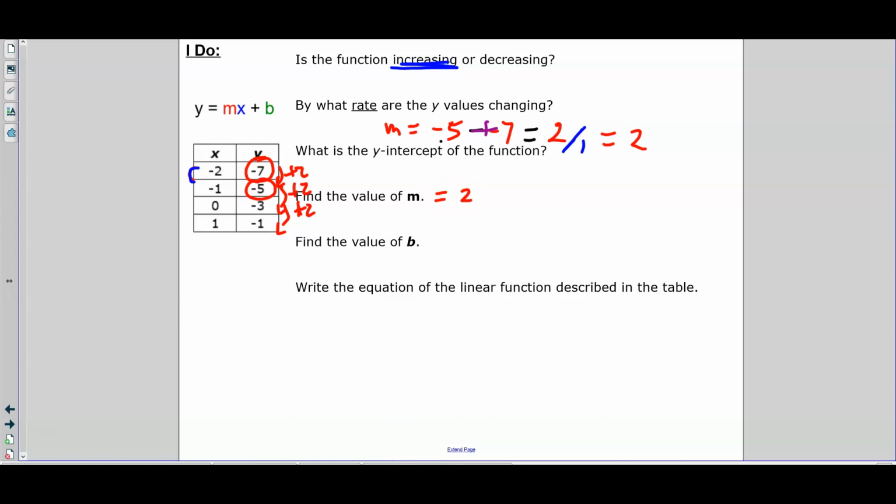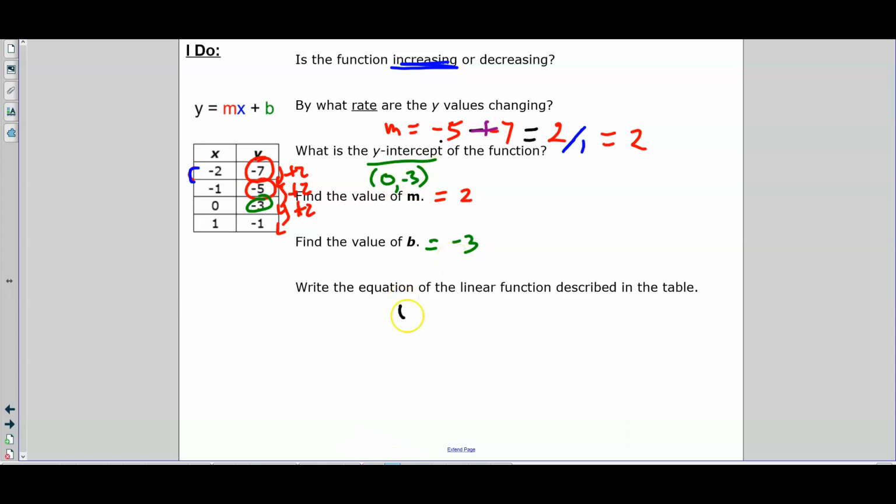And over here on the chart, anything that starts with 0, remember that's going to be your y-intercept. So this -3 here is the letter B. That's your y-intercept. And so we can write the y-intercept as a coordinate, 0, -3. Or we can say it's B equals -3.